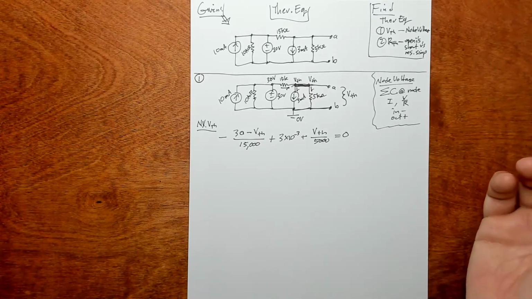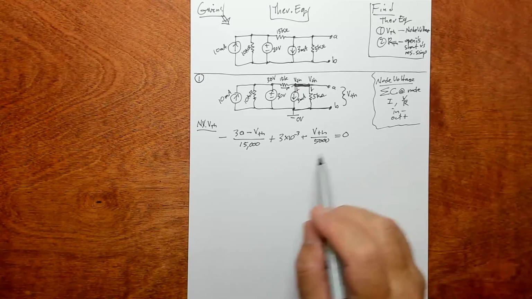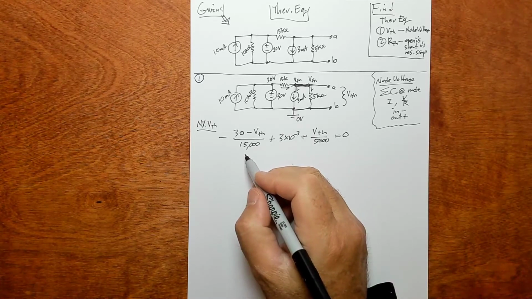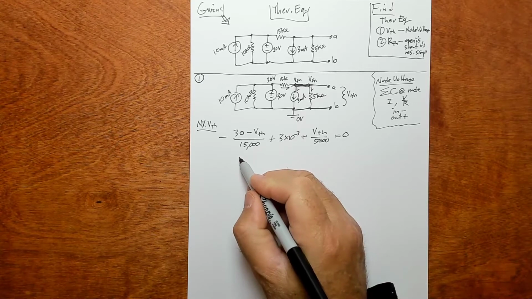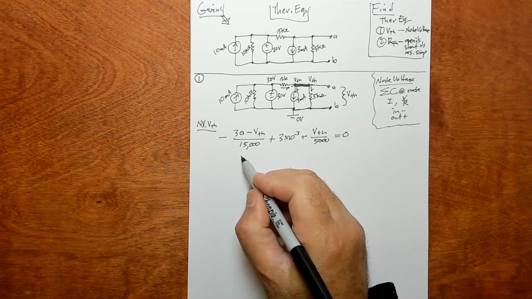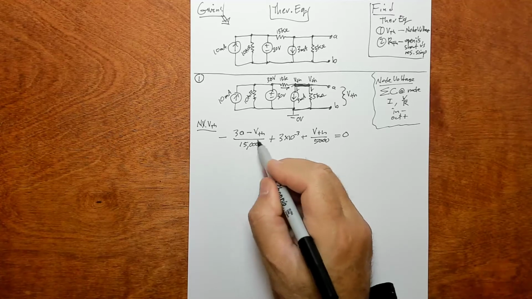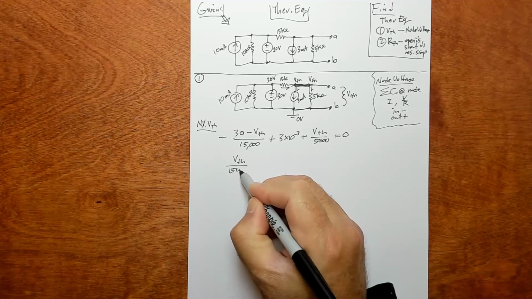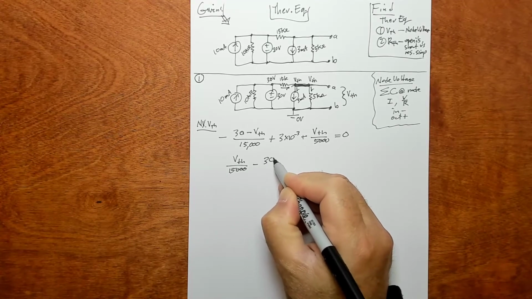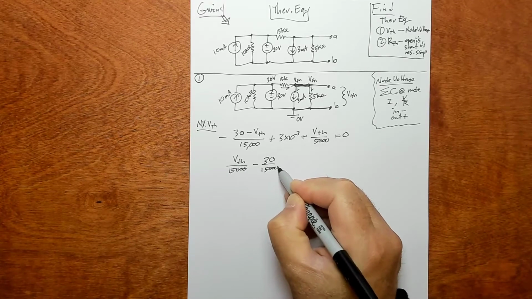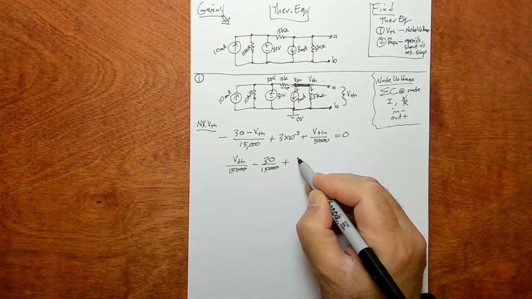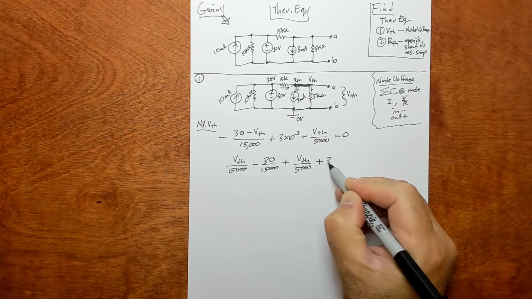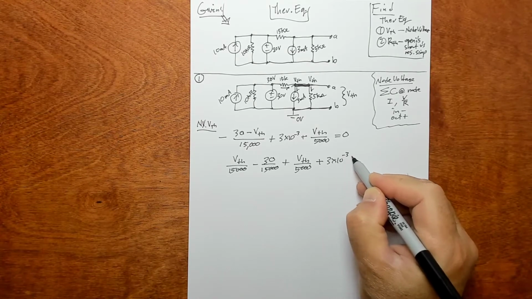There's only one unknown in there, V-Thevenin, so we ought to be able to find it directly. Let's do a little bit of math. Break apart this fraction, and you get V sub Thevenin over 15,000 minus 30 over 15,000 plus V-Thevenin over 5,000 plus 3 times 10 to the minus 3 equals 0.